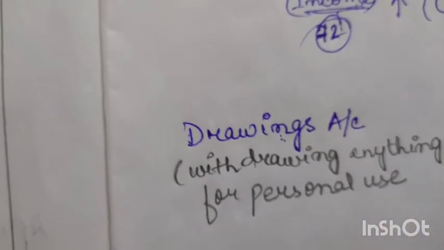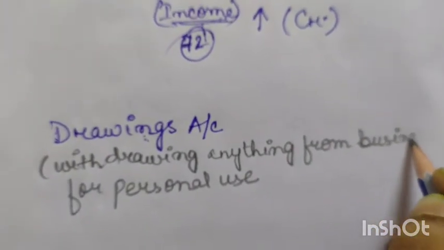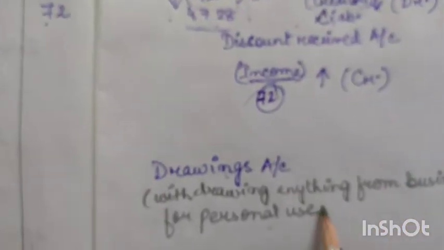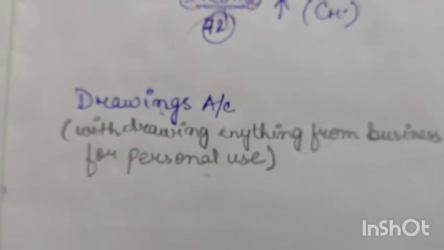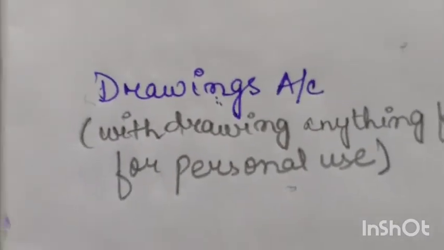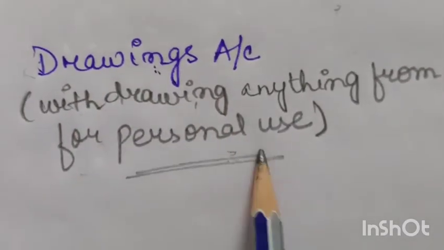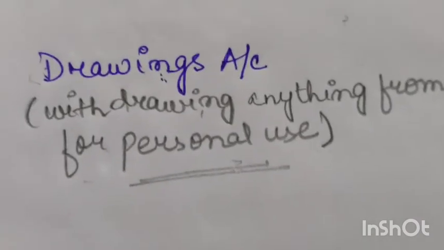Okay, withdrawing anything, whether it may be cash, whether it may be goods, whatever it is, from business for personal use, that particular thing will come under drawings. I hope you can see drawings account. So we need to open drawings account. Why? Because we have withdrawn something for our personal use.